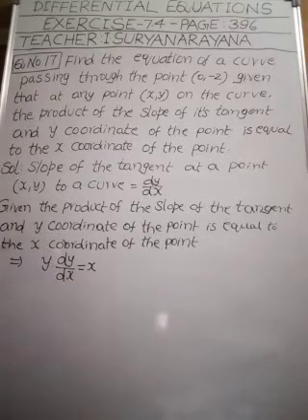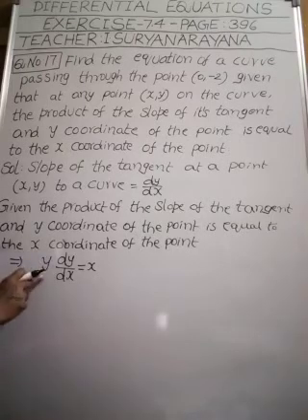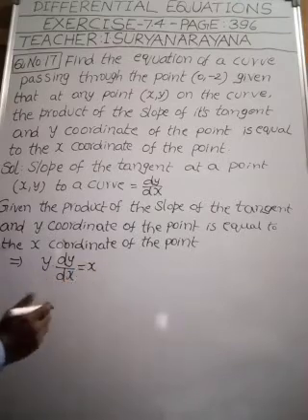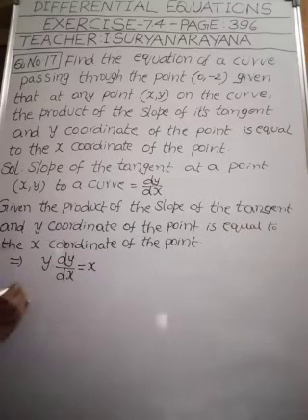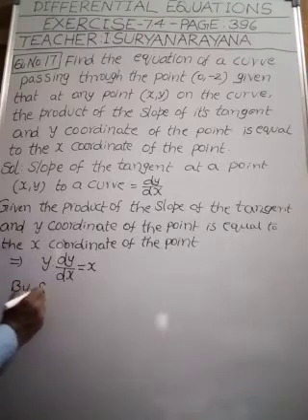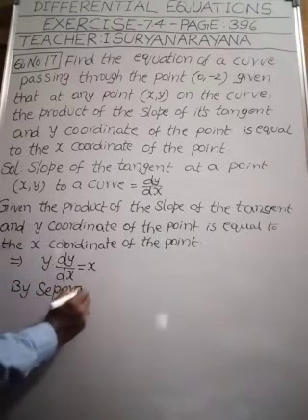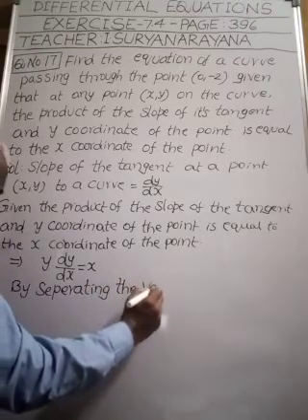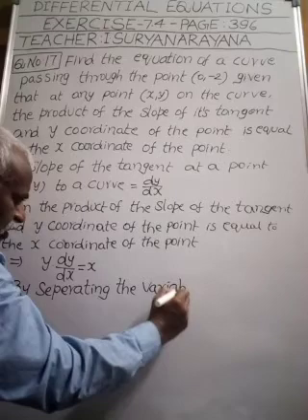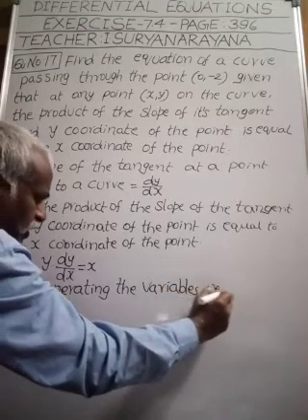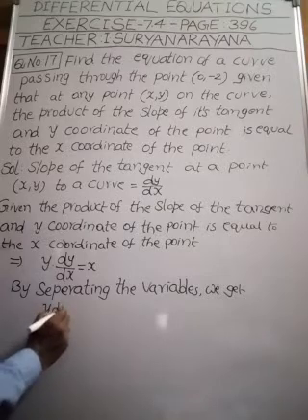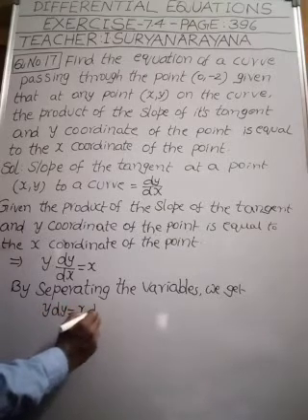Okay, my children. Now by separating the variables, here the function in y is there, here the function in x. So we had to transpose dx to that side. By separating the variables, we get y dy is equal to x dx.